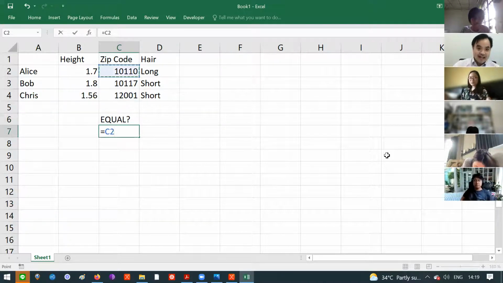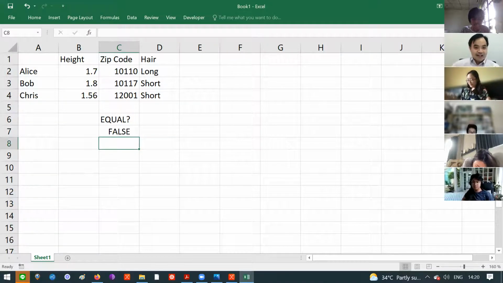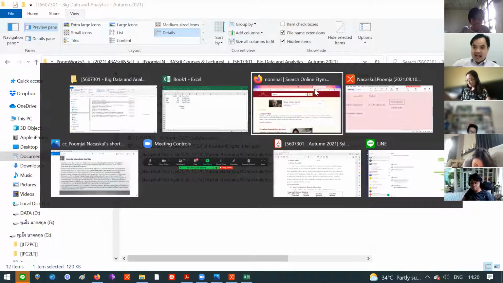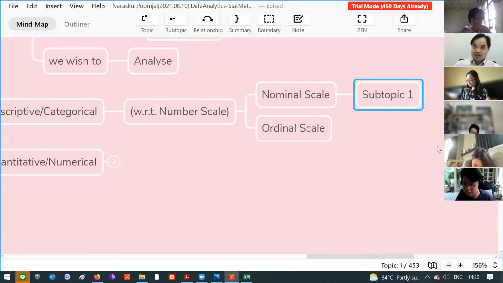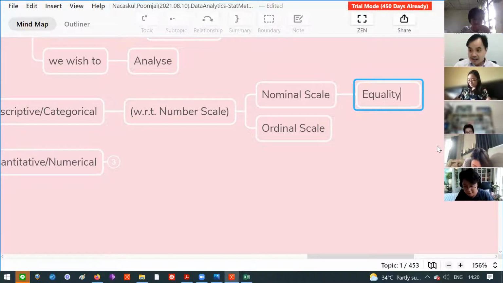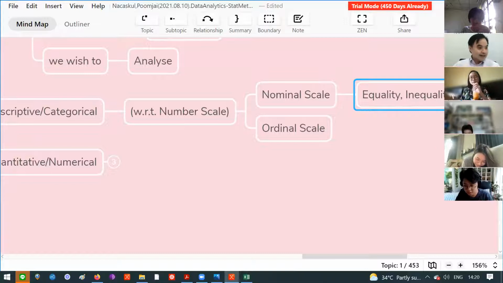And this one, is it equal to that? False. So for a nominal scale, what operator can you subject it to? Equality, inequality. That's it. Equality means same. Inequality means not the same.